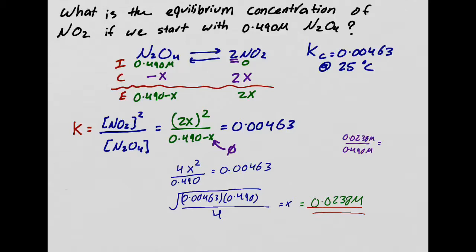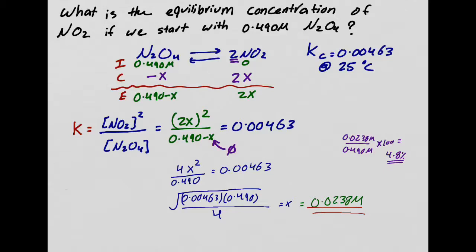It will form into product. If I try to get the ratio, this would be 4.8%. So the change is less than 10%. When this change is less than 10%, it's okay to assume this is 0 and approximate it.